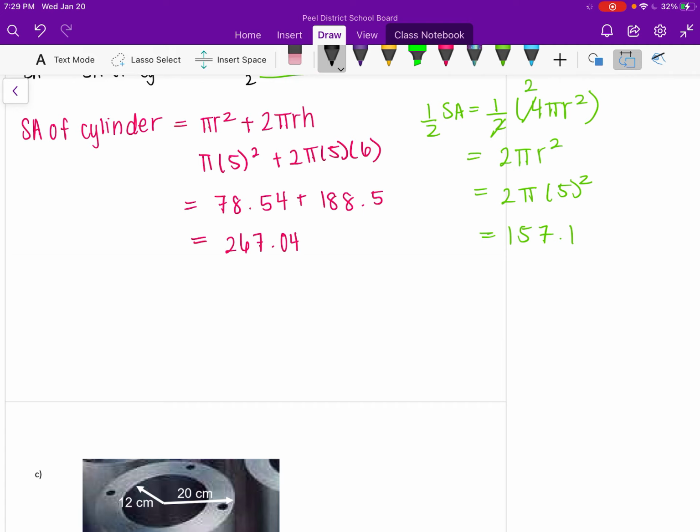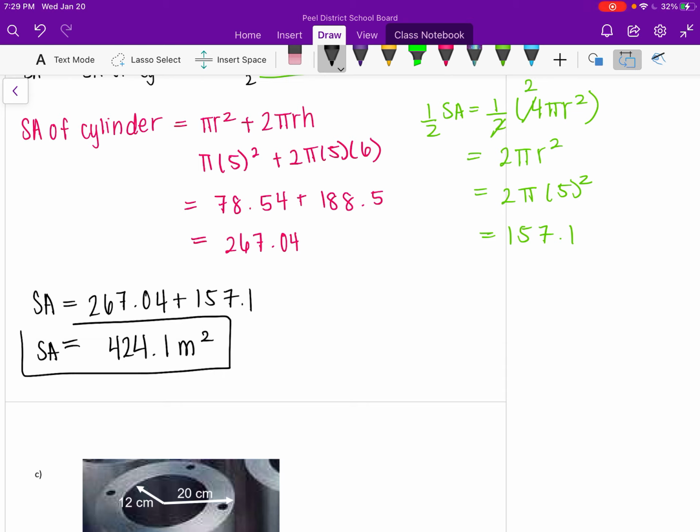And I'm just going to find total surface area, which is just those two numbers added together: 267.04 plus 157.1. And I'm left with surface area equal to 424.1 meters squared. And that is my answer.